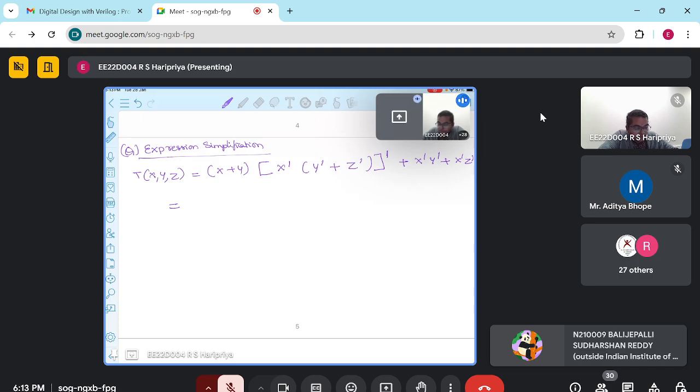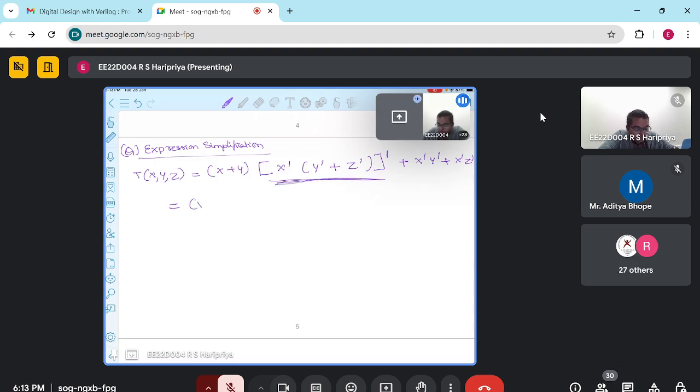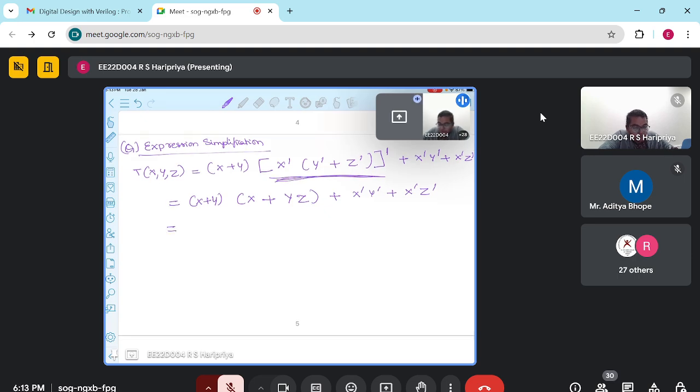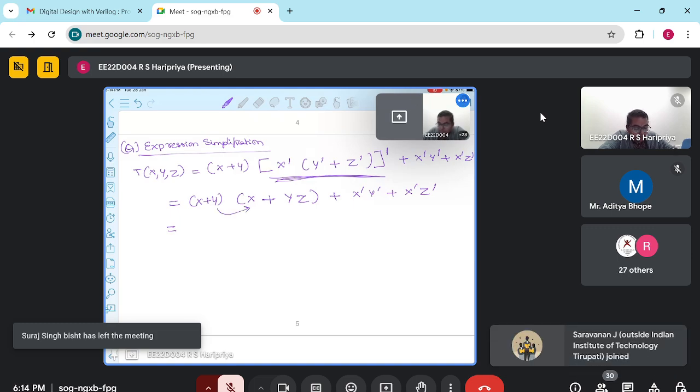First let's just remove the complement from this whole term. So x plus y we will keep as it is. Next, x complement of complement will be the same variable, and yz plus the same x complement y complement plus x complement z complement. Now x plus y we can take inside this bracket, like apply the distributive theorem.